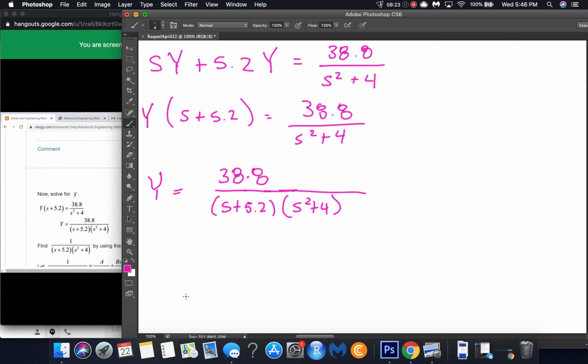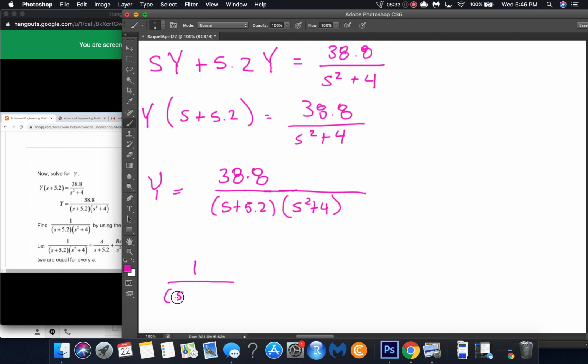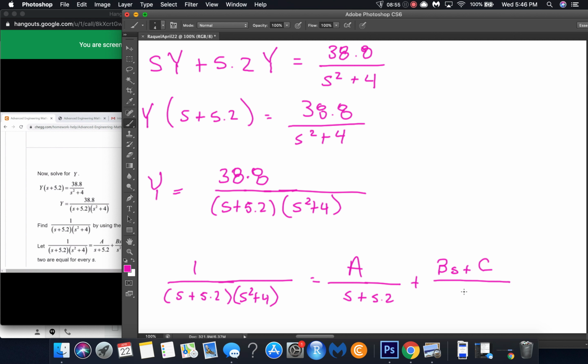If you remember from calculus 2, you have 1 over s plus 5.2 times s squared plus 4. Since s squared plus 4 doesn't have any real roots, but s plus 5.2 does, it's going to be A over s plus 5.2 plus Bs plus C over s squared plus 4.